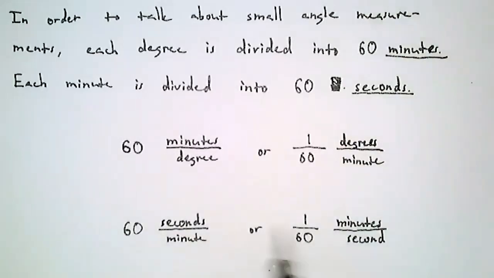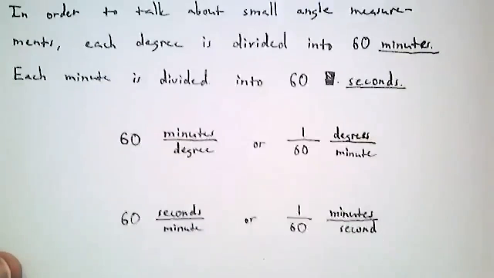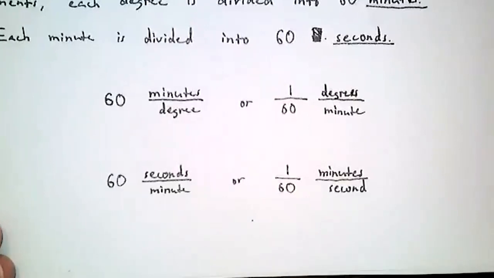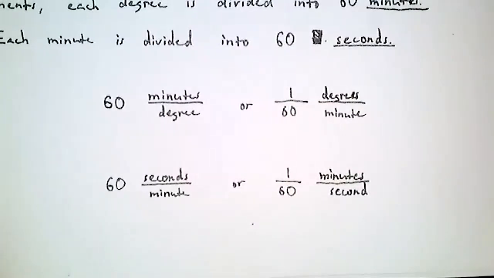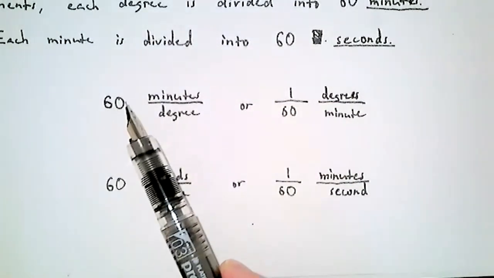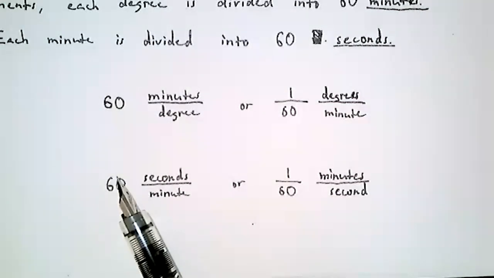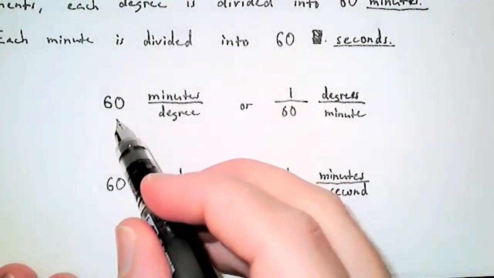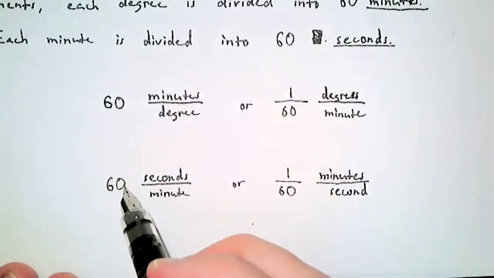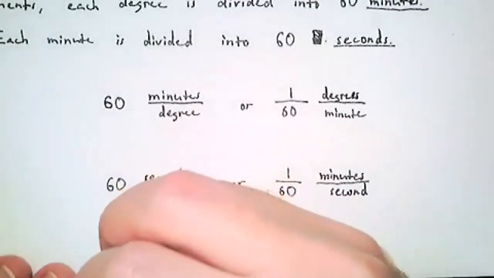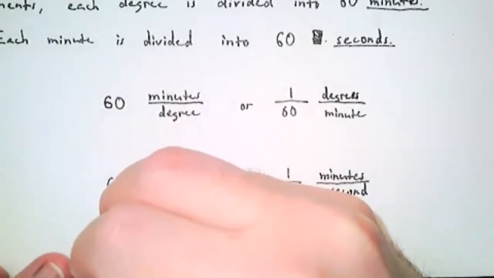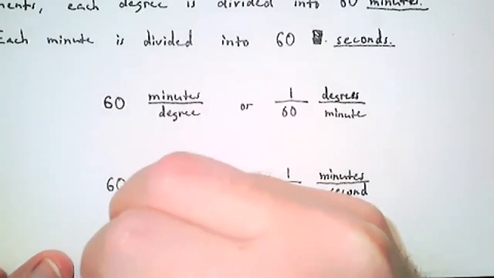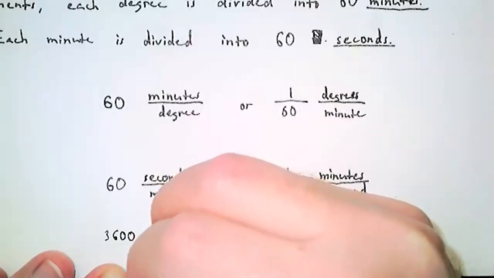And the same kind of relationship goes for minutes and seconds. And I want to add one more row. So if there are 60 minutes per degree and then 60 seconds per minute, that means that there are 60 times 60 seconds in each degree. So there's actually 3,600 seconds per degree.